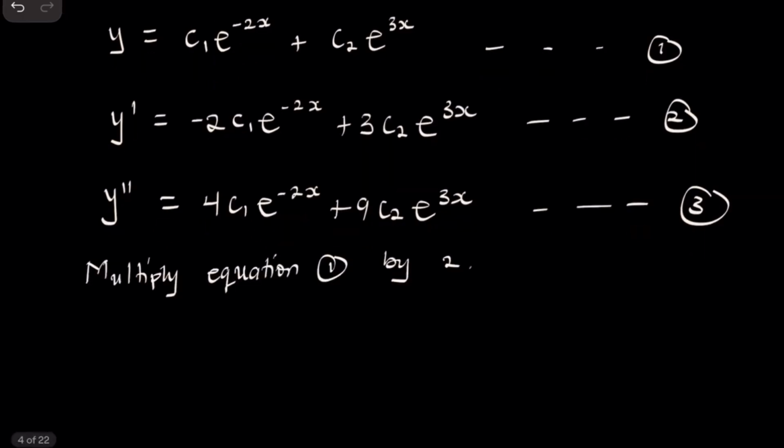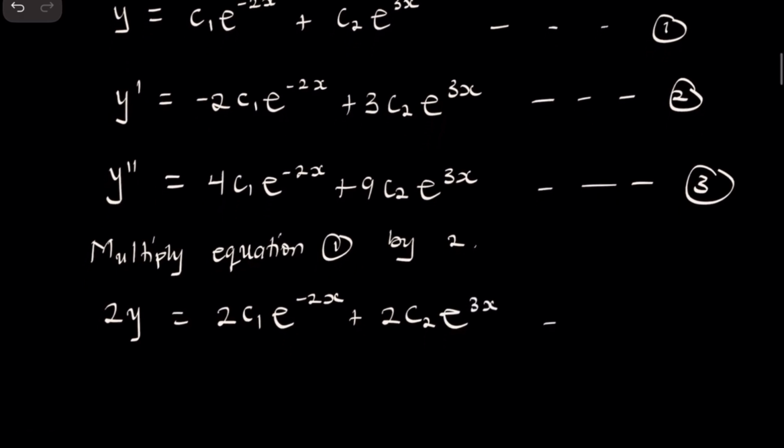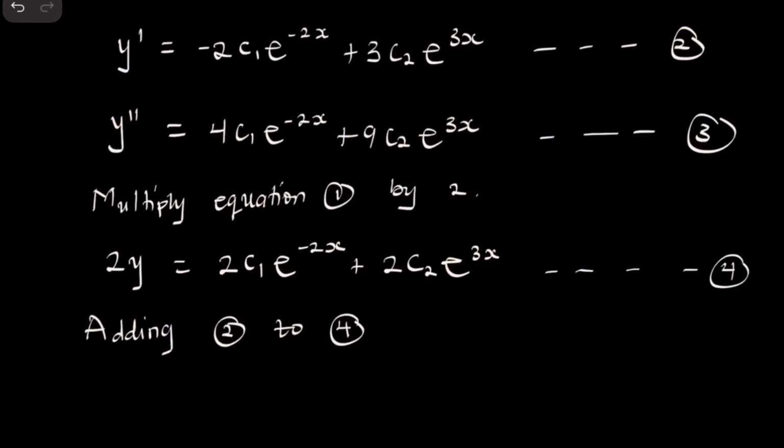Equation 1 gives us 2y equals 2c1 e^(-2x) plus 2c2 e^(3x). Let's call this equation 4. Adding equation 2 to equation 4, we are going to have y prime plus 2y equals c2 e^(3x). Let's call this equation 6.